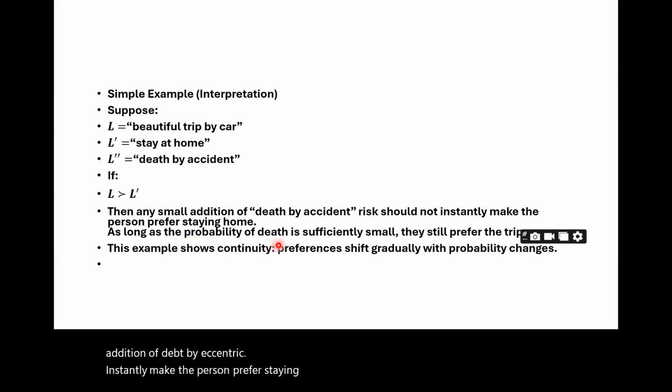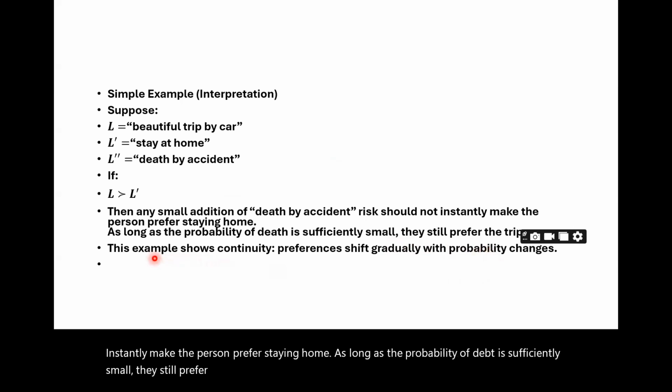As long as the probability of death is sufficiently small, they still prefer the trip. This example shows continuity: preferences shift gradually with probability changes. That's all for today. Thank you.